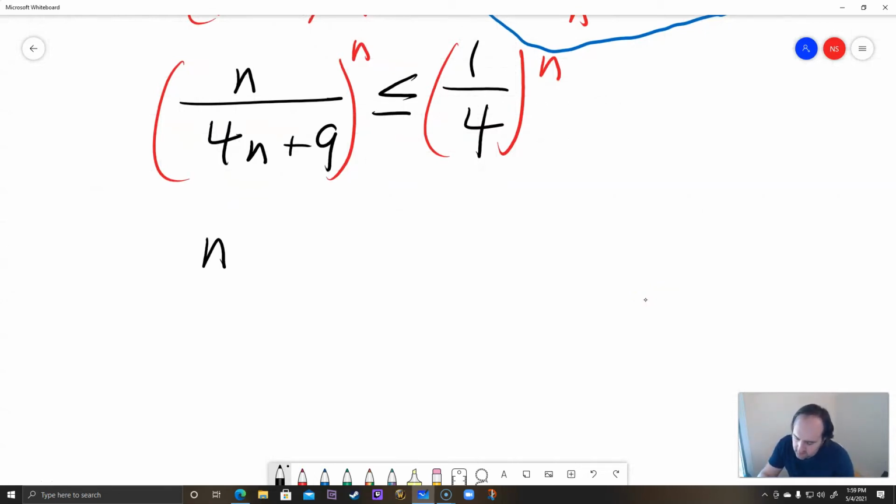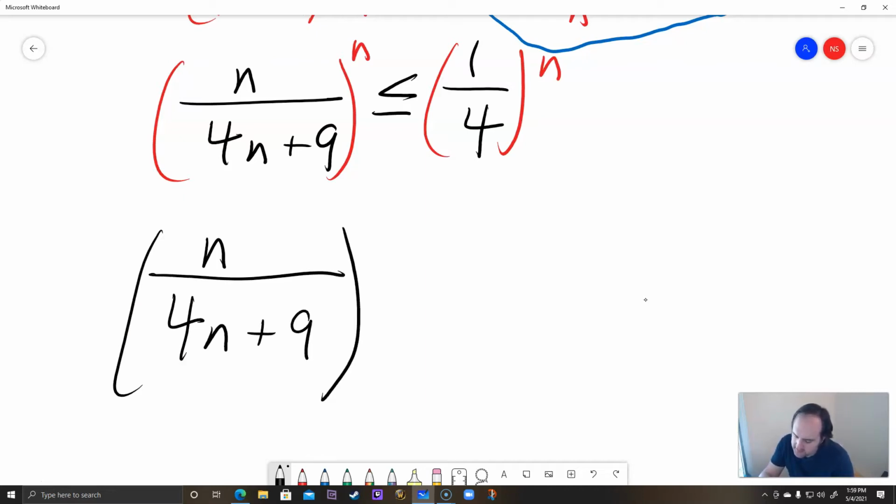Then we're going to discover we have our original function, n over 4n plus 9 raised to the nth power on the left side. And on the right side, if I distribute that n to the numerator and the denominator, I'm going to have 1 over 4 to the n.